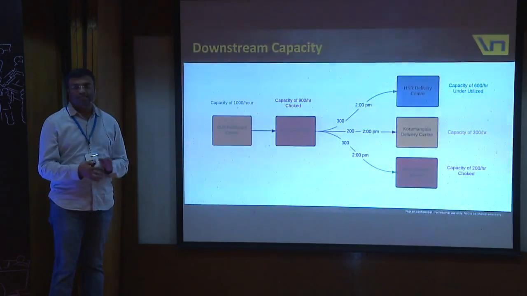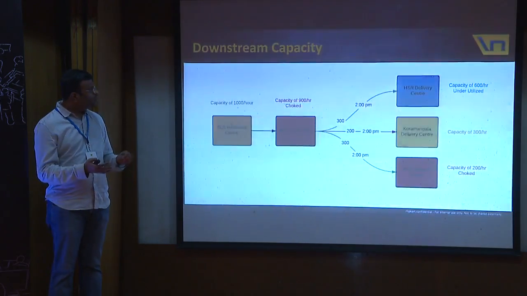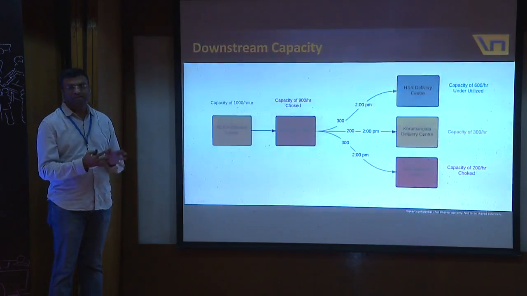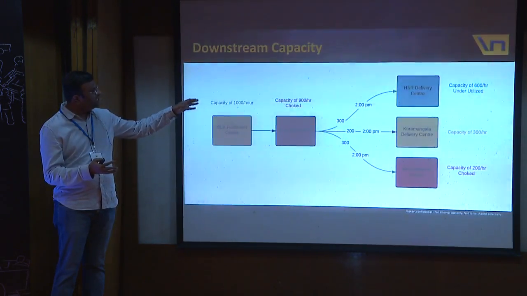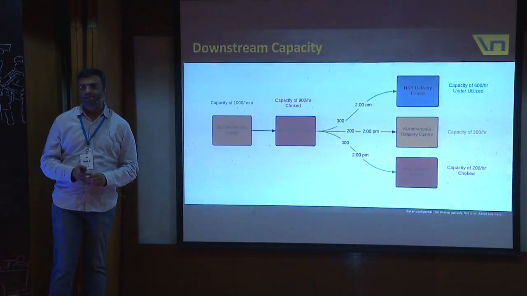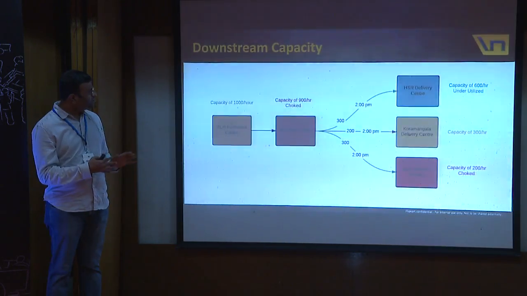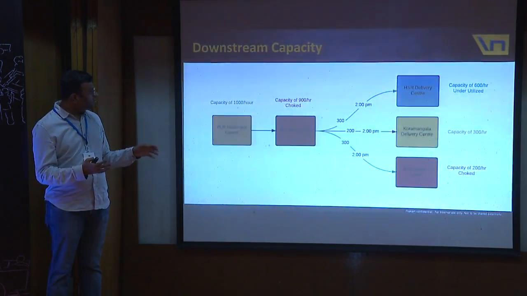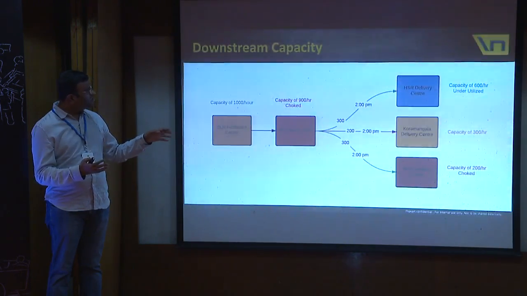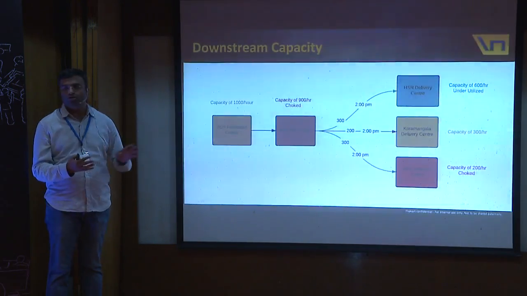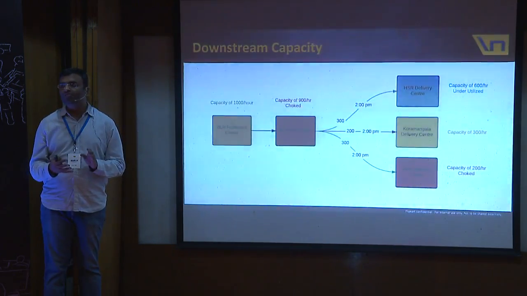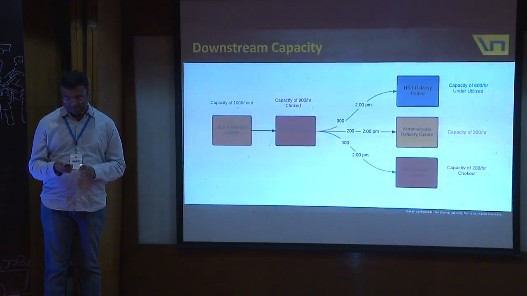In this case, a better decision that we could have taken is to ensure that the ratios of the demand that we serve is along the ratio of the transportation capacity and the delivery center capacity, right? So in this example, it's pretty easy and intuitive to take a decision. But in the real world, the Banchankri delivery center or HSR delivery center will not be getting load only from the Bangalore sort center. It will be getting load from a large number of sort centers, right, placed all over India.